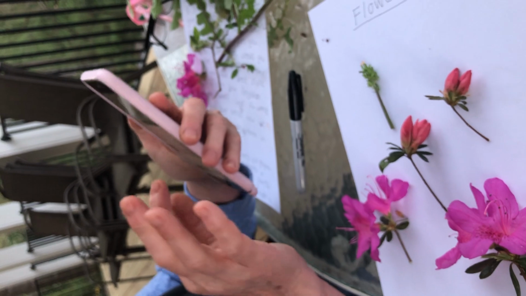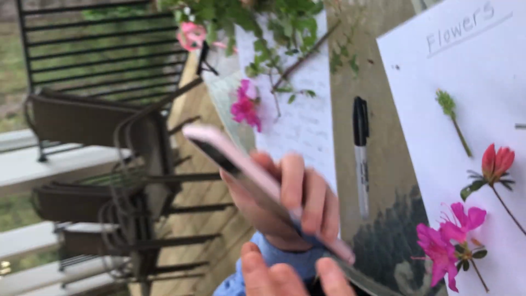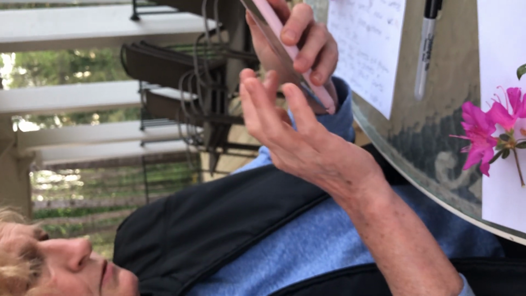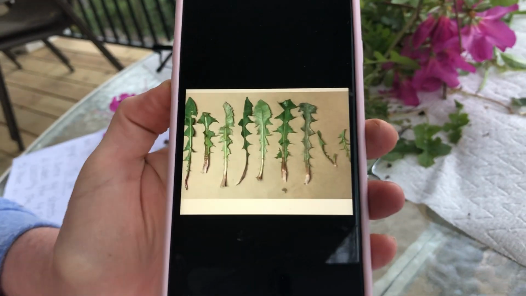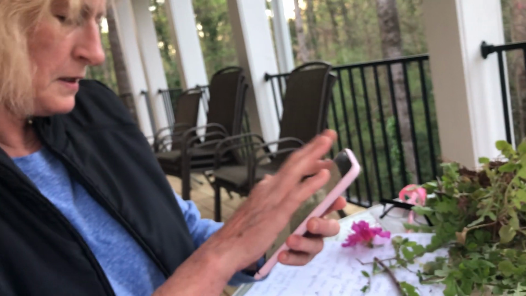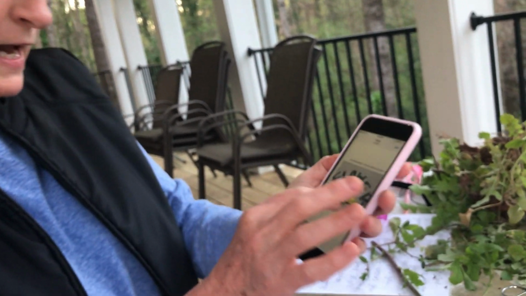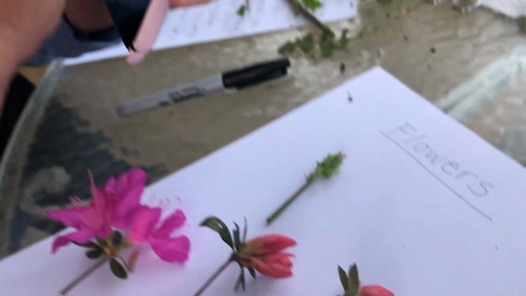The second one is stems. The next one I want you to do is leaves, and these are leaves. And the next one is the flower, and that's the flower of a dandelion that is actually like this.